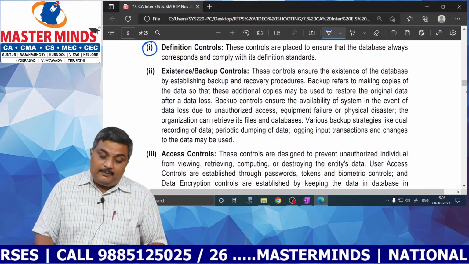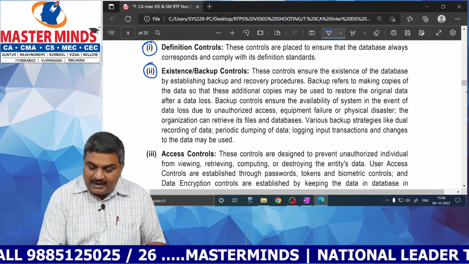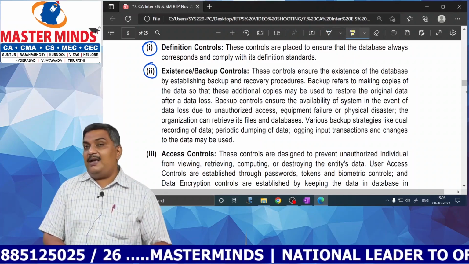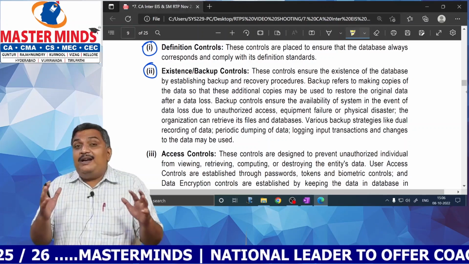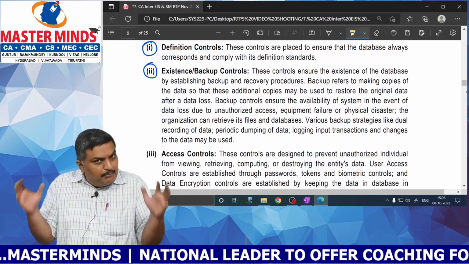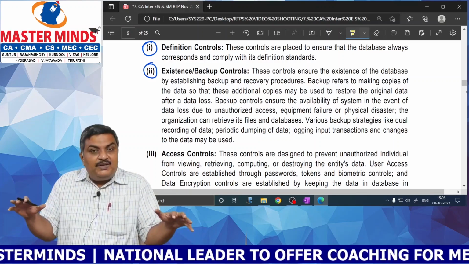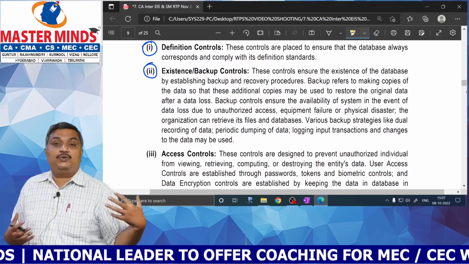And there should be the most important thing, existence and backup controls. In time of any emergency or exigency, if your data is lost, if your major server or main server is down, definitely you need to have existence and backup controls.